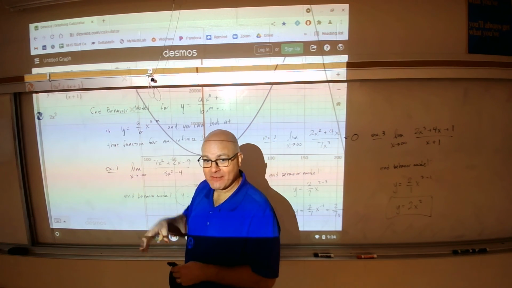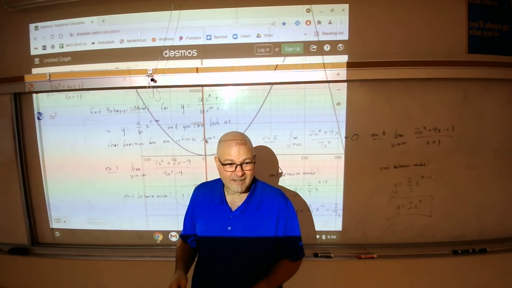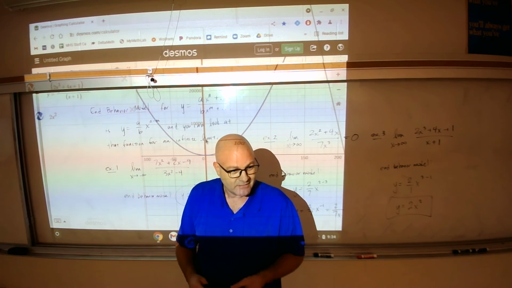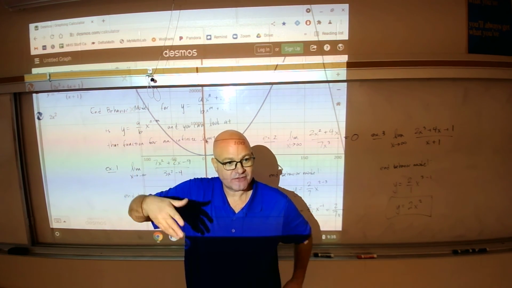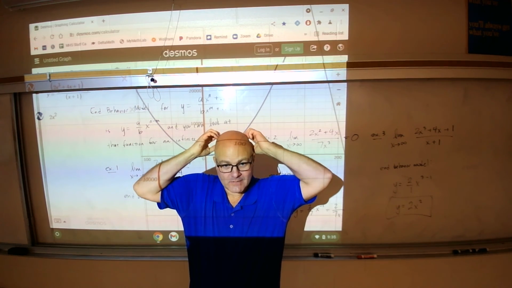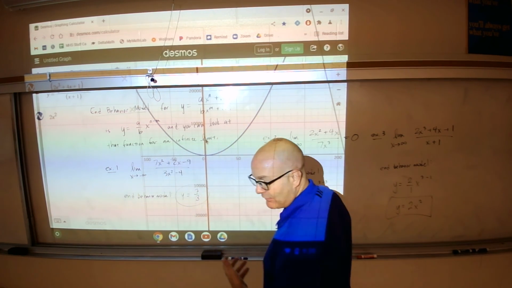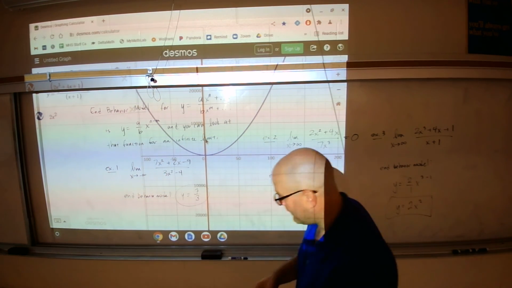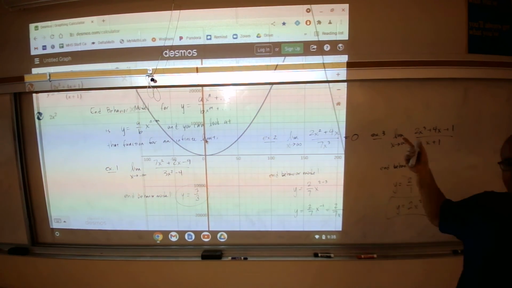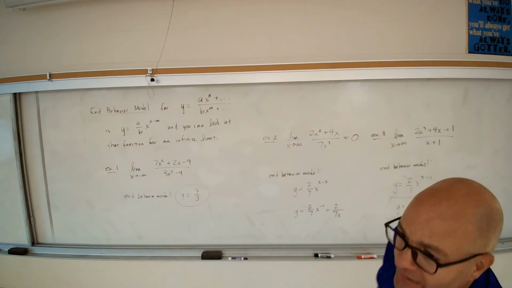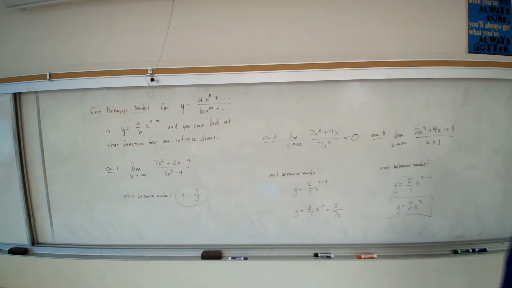Does that make sense on the end behavior model? It's kind of underwhelming mathematically, right? You just take the top power minus the bottom power, leading coefficient, there's your end behavior model. But it's nice to know that even if you get a really crazy looking function, you can do that and it'll show you what's going on at the ends of the function. So it's a powered up version of what we saw back in pre-calc, right?